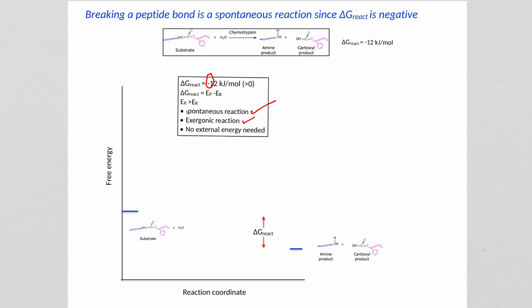In this case, there is no external energy needed to convert the substrate into the products. No external energy is needed to break the peptide bond. So the substrate will get converted into products.